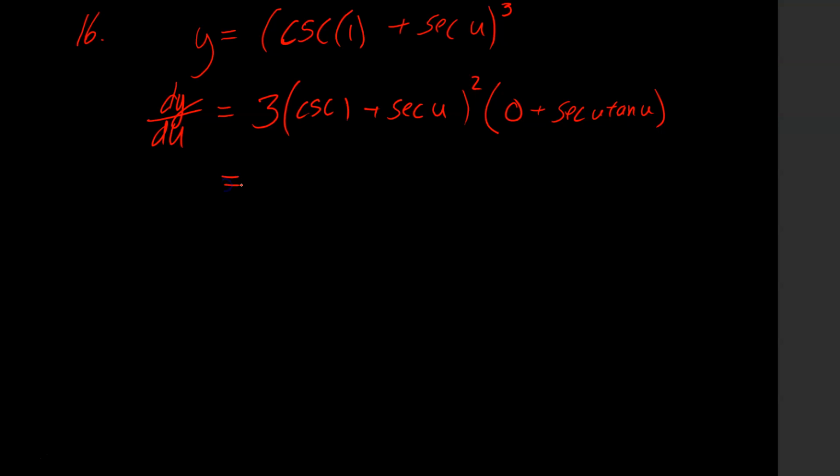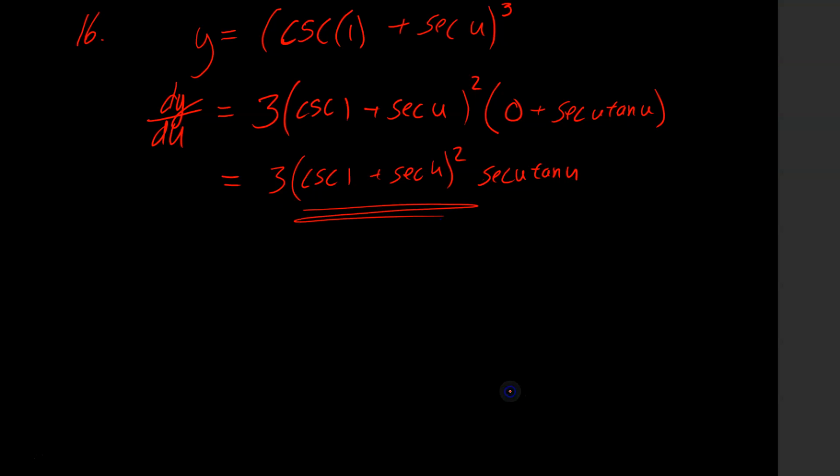And so we get 3 times cosecant of 1 plus secant of u squared times secant u tangent u. I don't feel like multiplying out this squared piece, and nothing interesting really happens, so I won't.